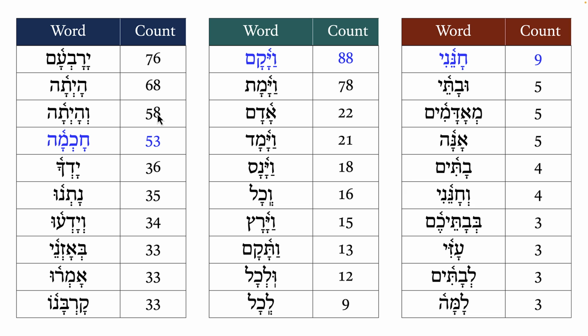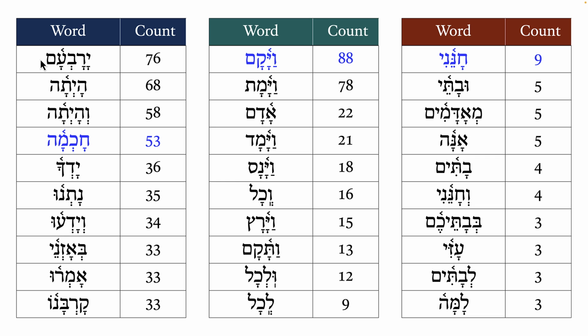For example, here we have Yarovam, that is Jeroboam. Here we have the qamats and the syllable is closed, rav, and the accent is in the next syllable. Therefore, Yarovam.